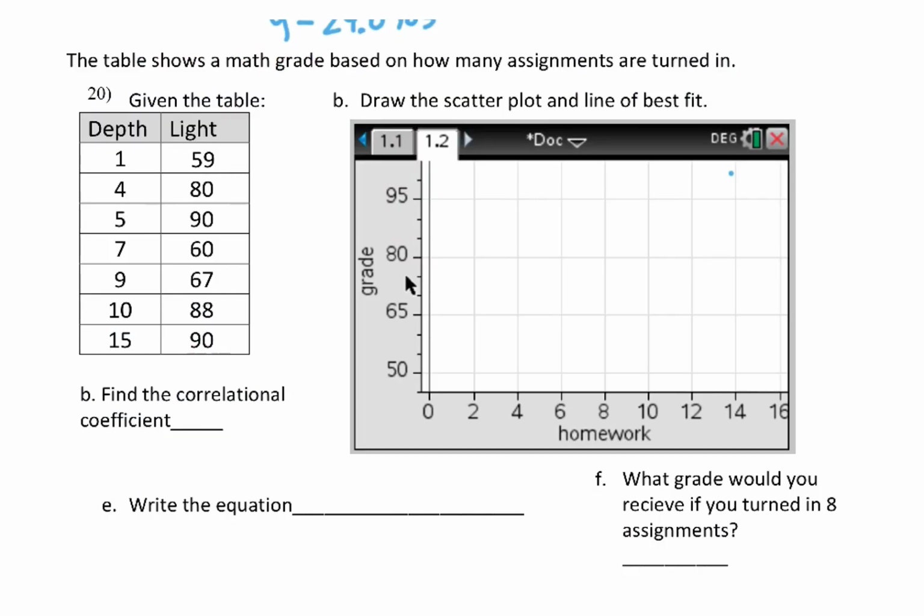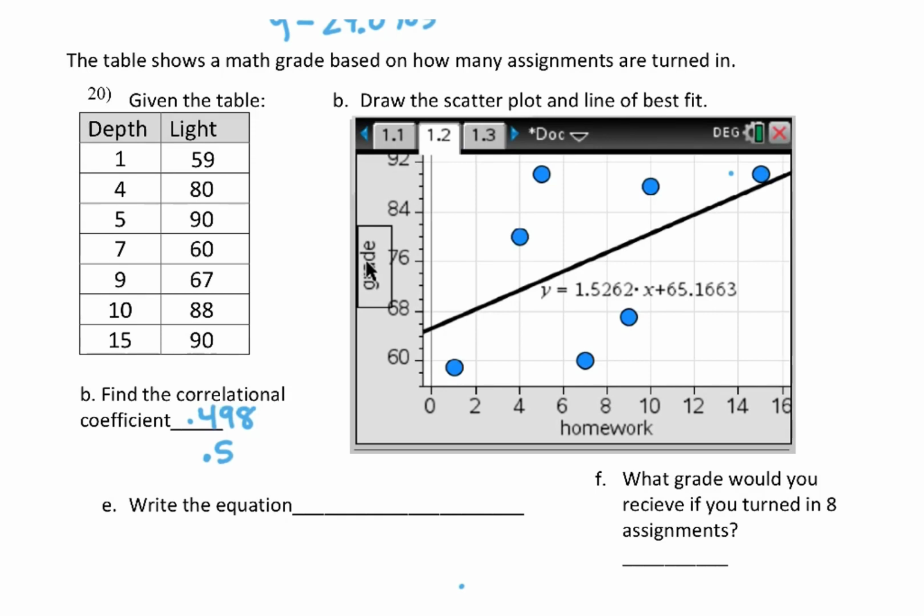We got our correlational coefficient of 0.498, which we could round to just 0.5, which again would be a weak positive. Then we draw our scatter plot, and you can see that mine is pretty awesome. There's our line of best fit, our regression line: y equals 1.5262x plus 65.1663.